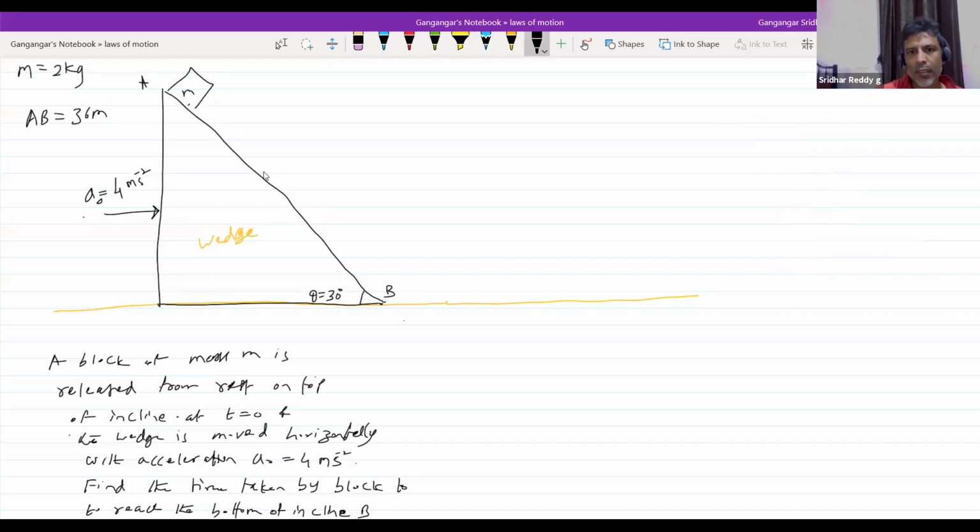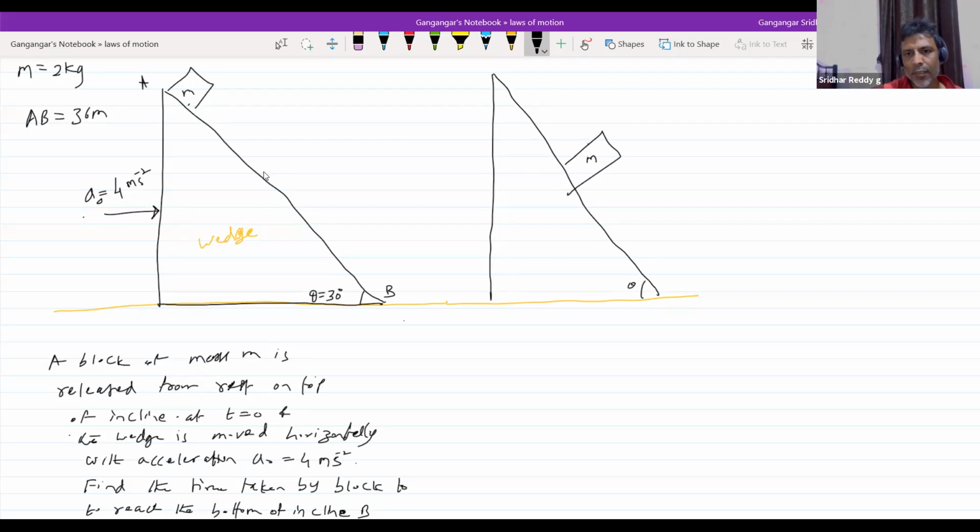After some time, at an instant of time, there's no other way here. You can't write directly some equation. So give one formula, I'll apply it, I'll get the answer.